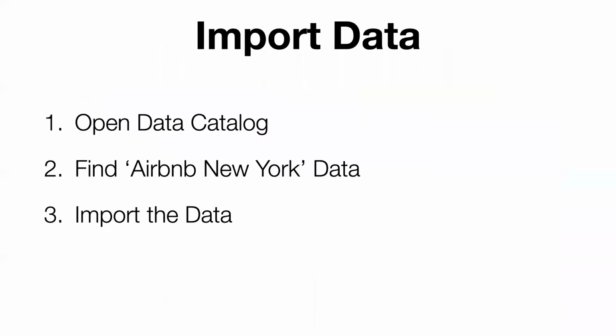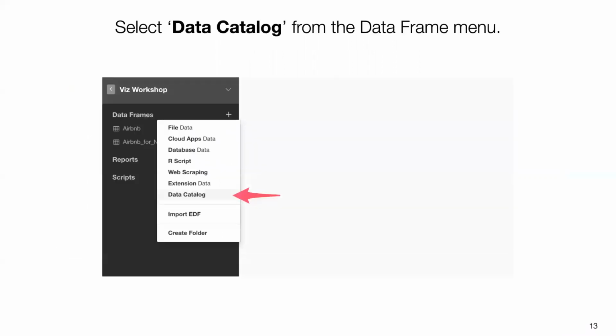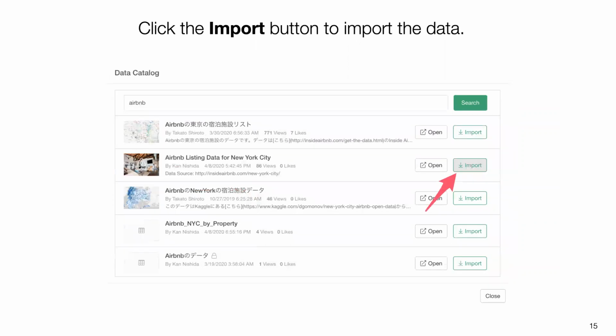And just in case you don't have it, you can easily access the data in the open data catalog, find the Airbnb New York, and import that data. The steps are in the slides, which I'm going to share with you after this, so you can import the data as well.